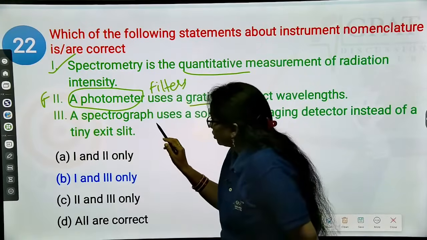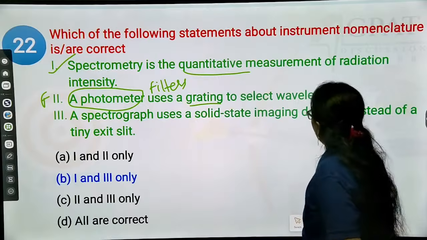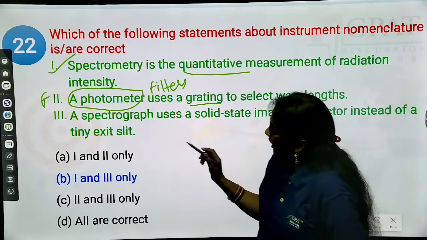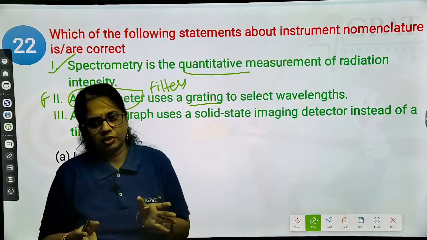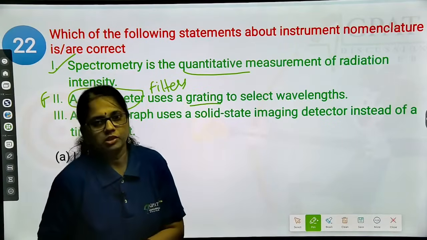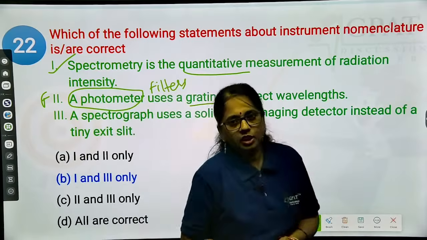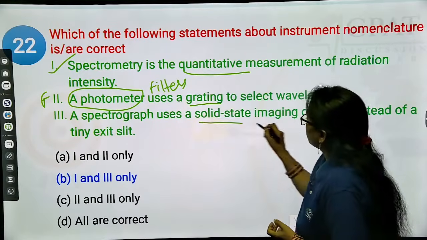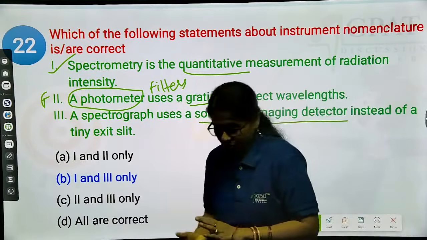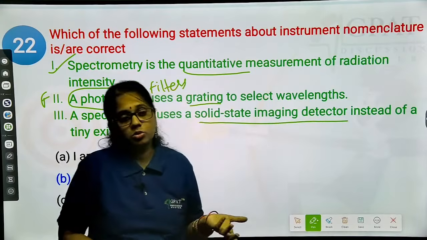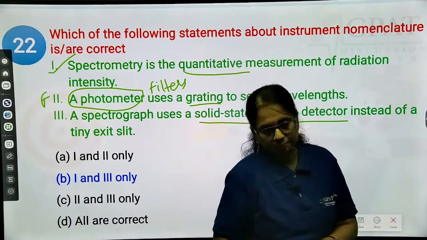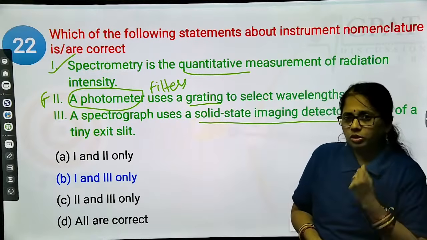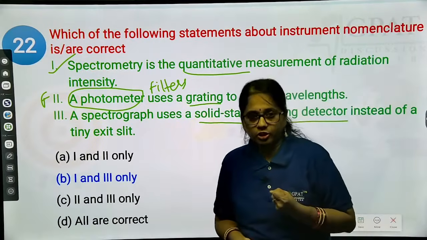Next, a spectrograph uses a solid state imaging detector instead of a tiny exit slit. Only an exit slit is not sufficient, right? In order to capture the spectra, definitely we are going to use the solid state imaging detector. That is why we are going to use photovoltaic cells, phototubes. Definitely a cathode should be there in order to get the light radiation incident on the cathode.